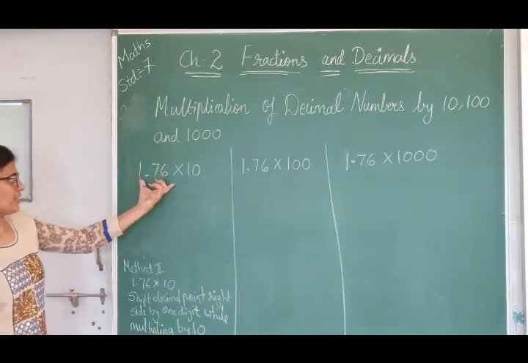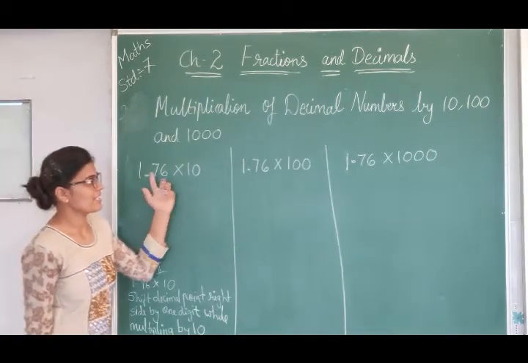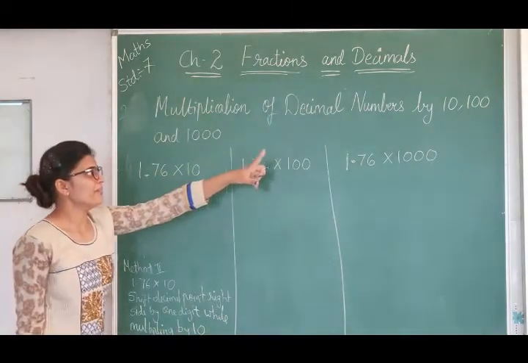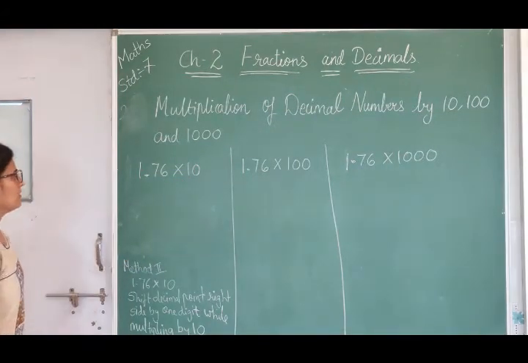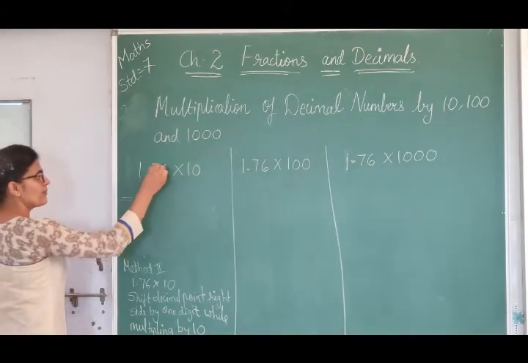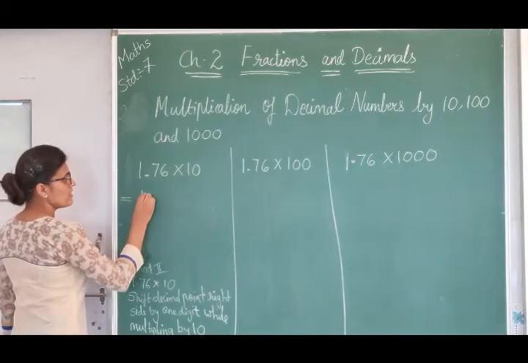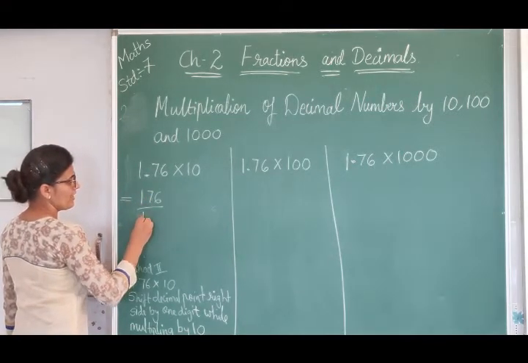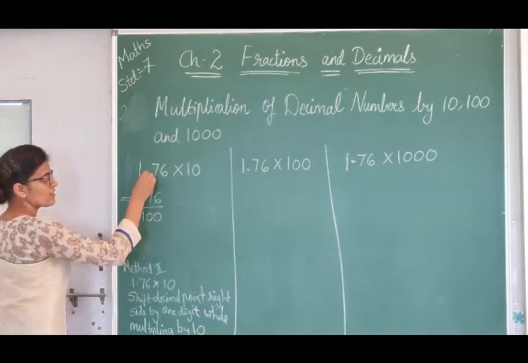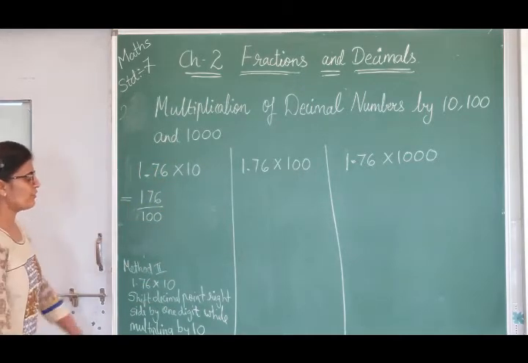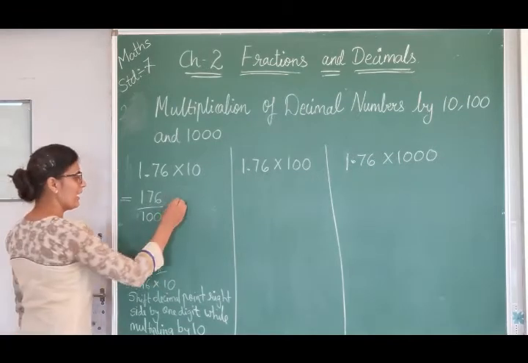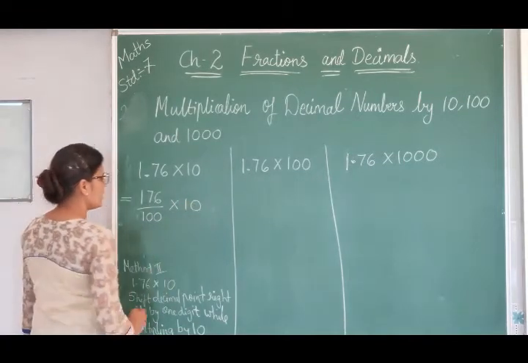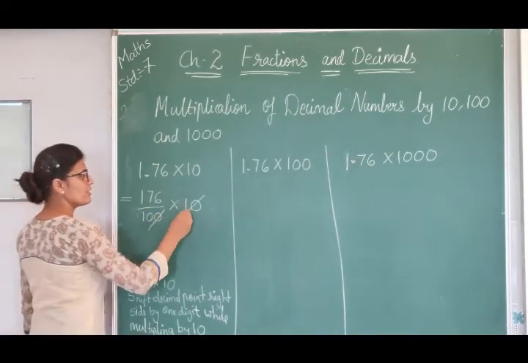First example, you can see 1.76 is a decimal number. We have to multiply by 10. So what can we do? We can write 1.76 as 176 divided by 100, because after the point 2 digits are there, so we divide by 100. Now multiply by 10. So here you can cancel out 0 and 0.